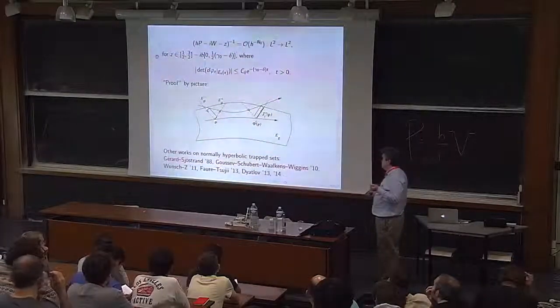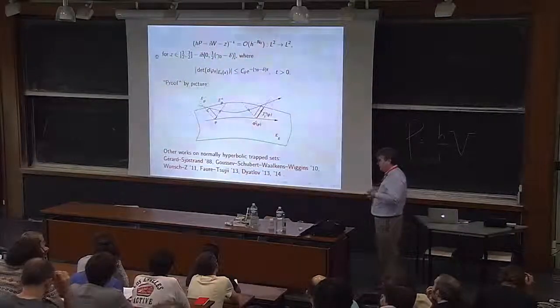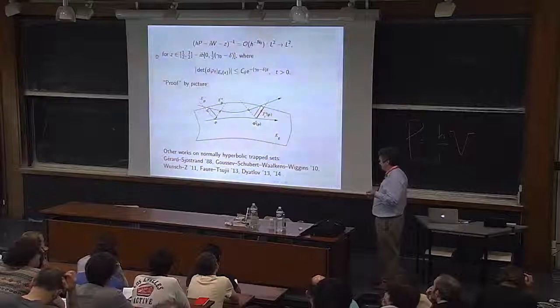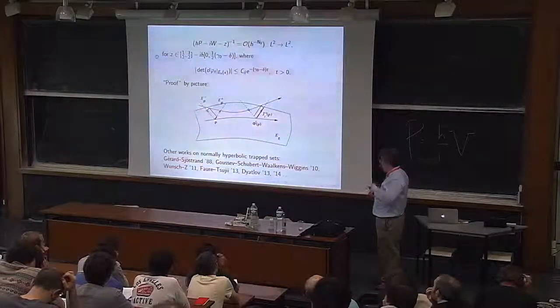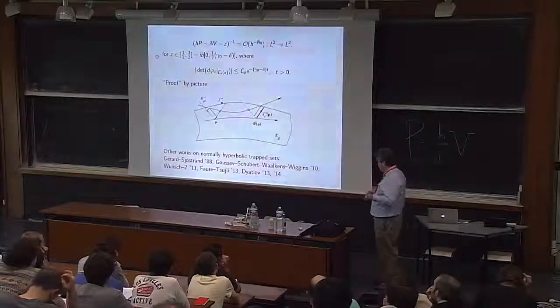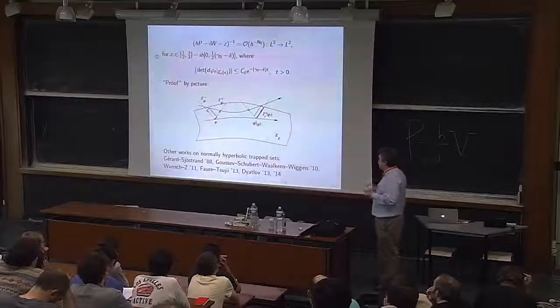Faure and Tsujii have many works showing how, for contact flows, you can get a very fine description of scattering, of Ruelle resonances. And Dyatlov has results for black holes with asymptotics, plus some results in the setting of normally hyperbolic trapped sets.